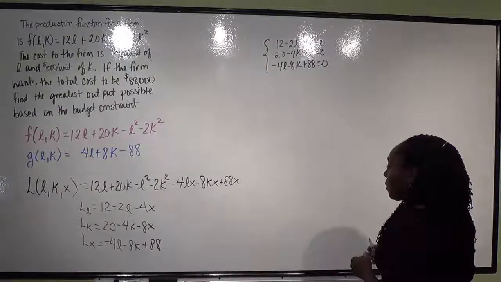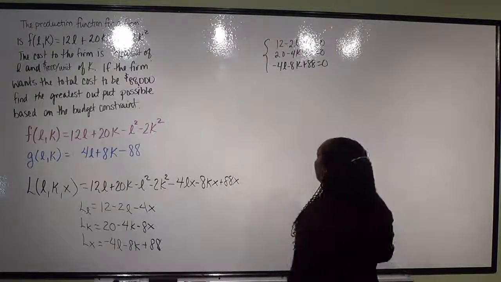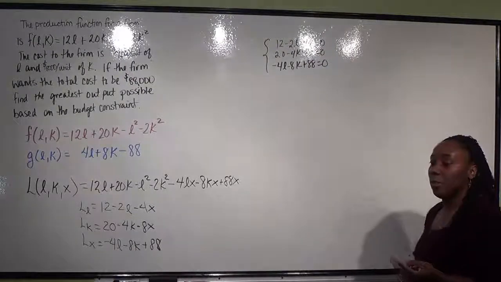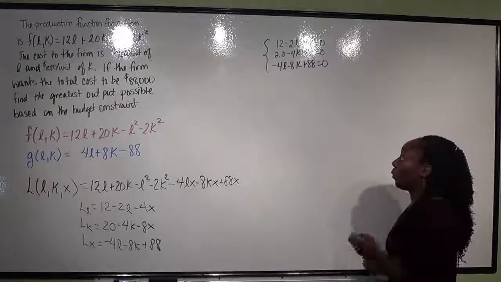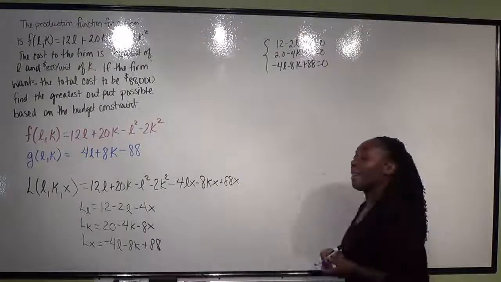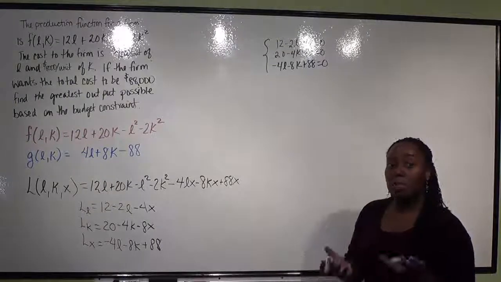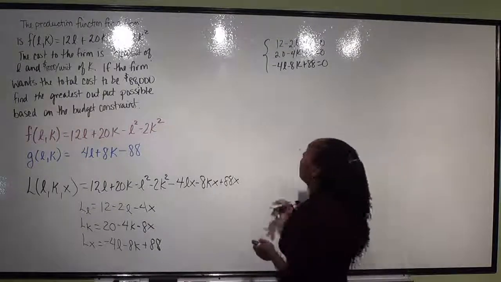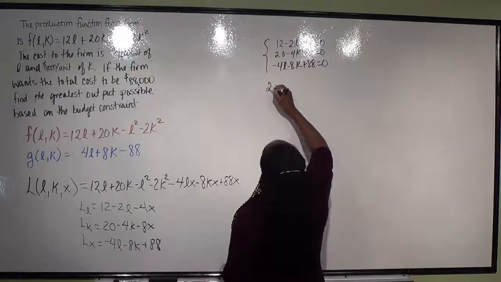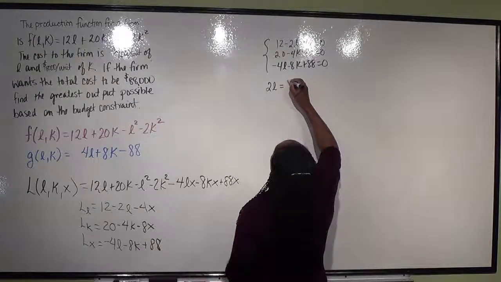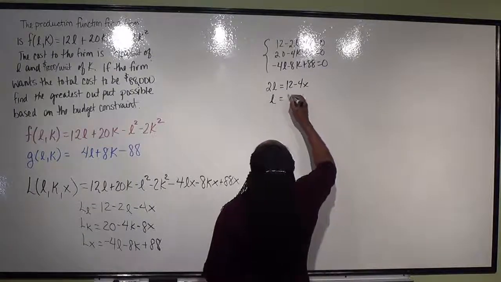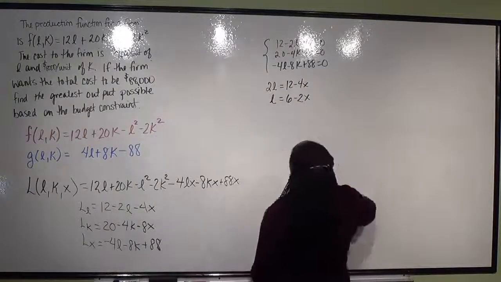Okay. Now this one's a little different than the last one because if I look at each of the first two equations, I only have two of the variables in there. And one variable is the same in both of them. So here I can actually rewrite and then use that last equation, in other words, use a substitution method to solve. So that first equation I can think of as 2L will equal 12 minus 4 lambda, or L will equal 6 minus 2 lambda.